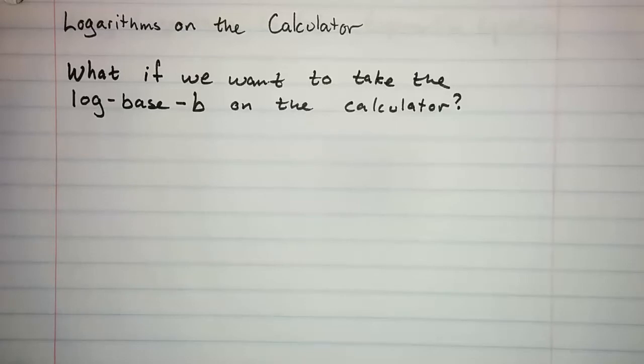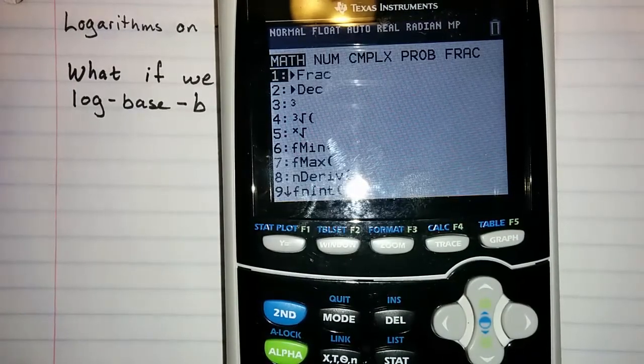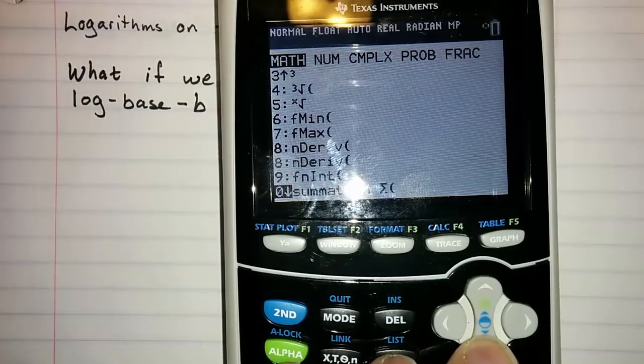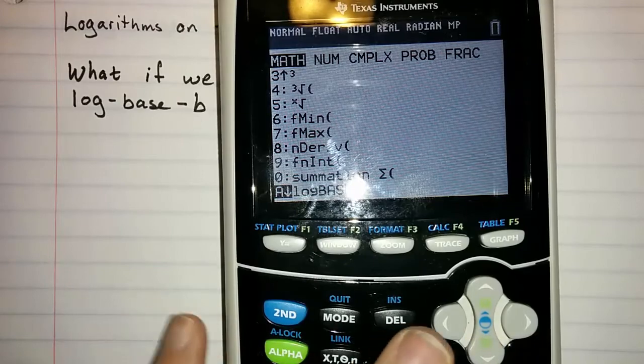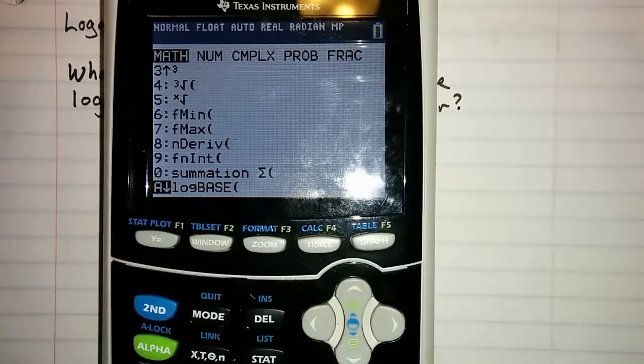If you have the latest TI-84 Plus calculator, your math menu will look like my math menu. I go to the math menu and I scroll all the way down to the bottom and I see this log, then capital letters base.